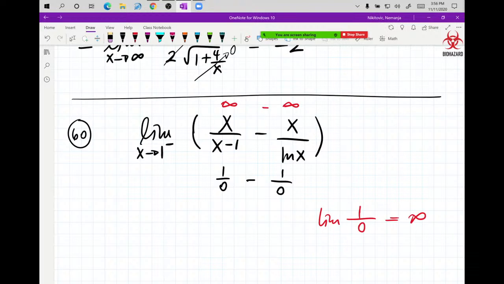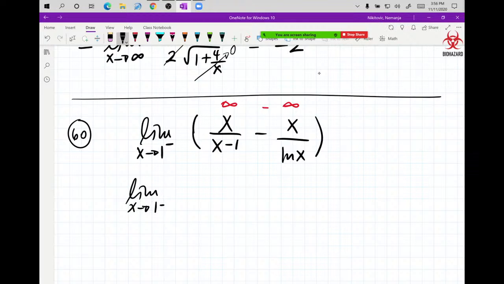All right. So once we have established that this is infinity minus infinity, our next goal is to factor it to make multiplication, because that's our path to division. So when I factor this x out, I am left with 1 over x minus 1 minus 1 over ln x.